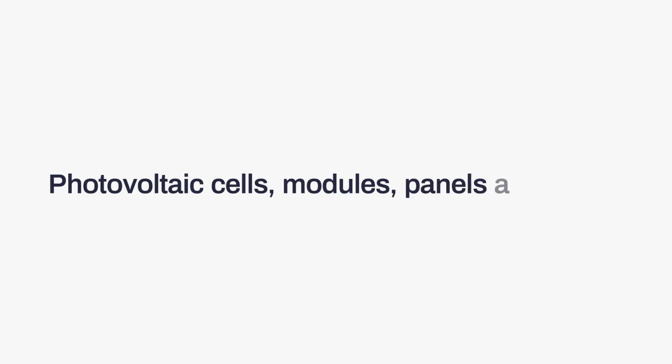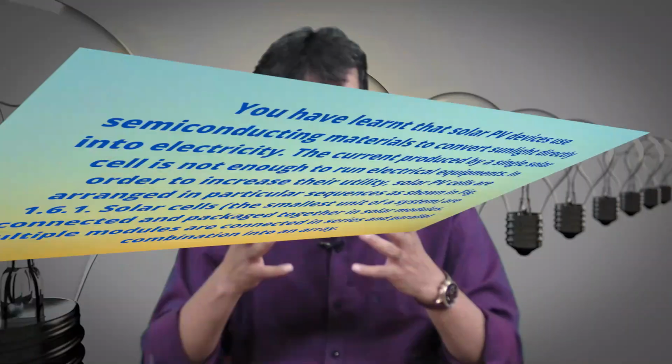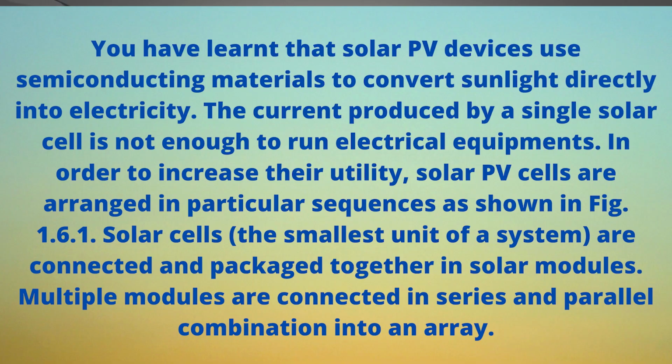Now we have to understand different terminology like photovoltaic cells, modules, and what arrays are. As you have learned, solar PV devices use semiconducting material to convert sunlight directly into electricity. The current produced by a single solar cell is not enough to run electrical equipment.